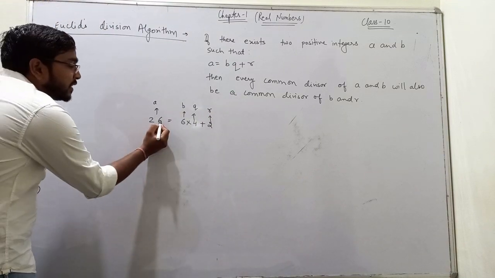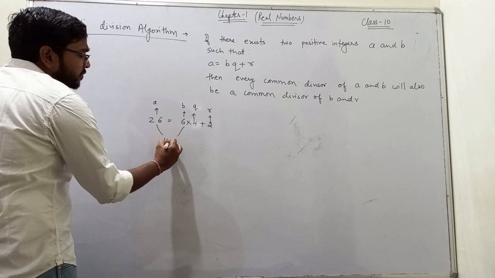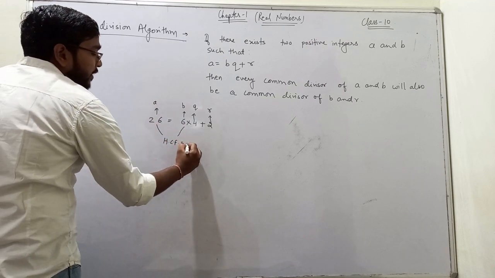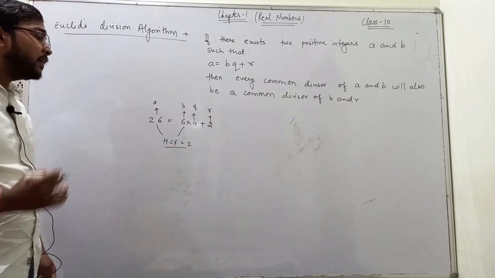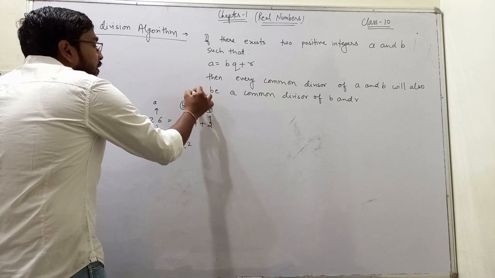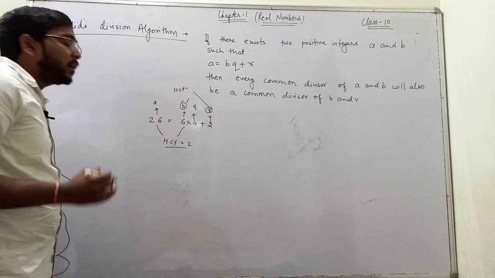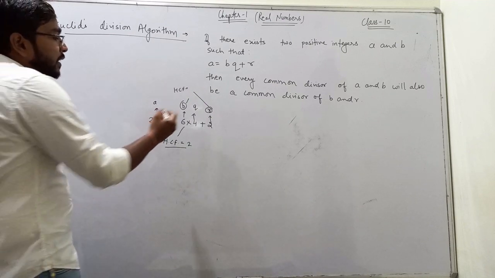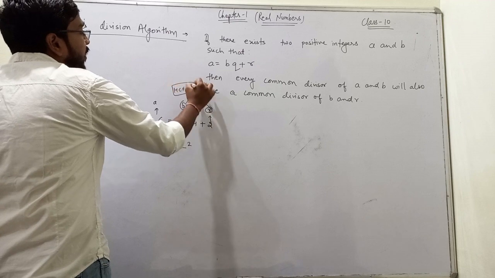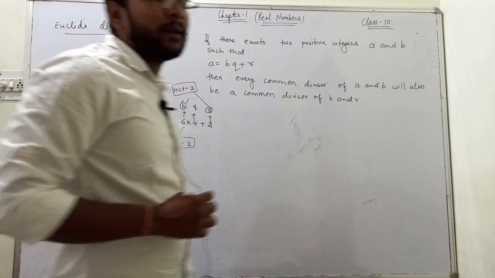So here I can see that the HCF, or any common divisor, of 26 and 6 is 2. Then this b and r will also have the same common divisor. So 6 and 2 both have HCF 2. So Euclid's division algorithm is based upon this principle.